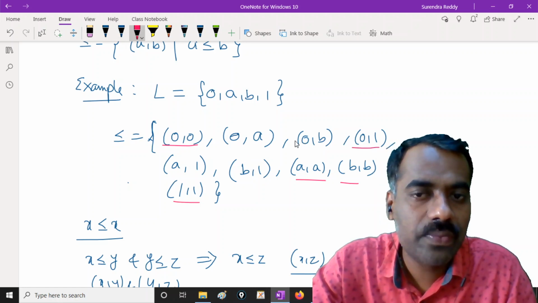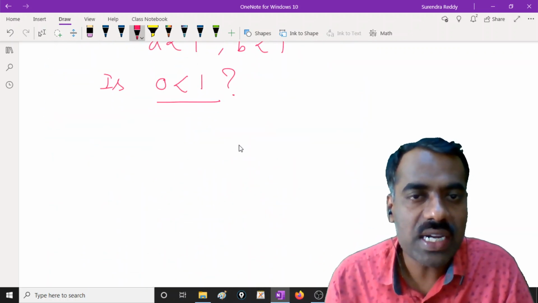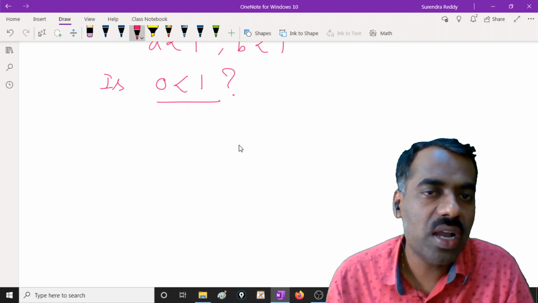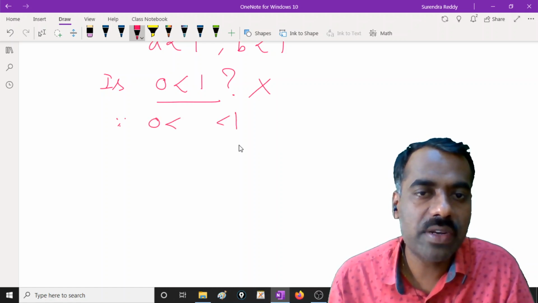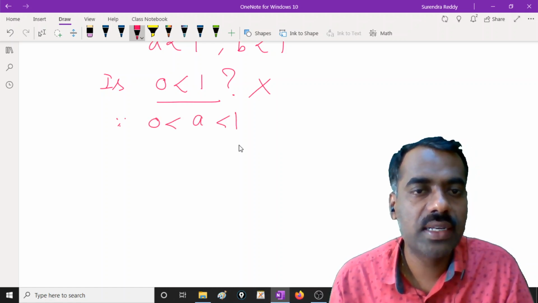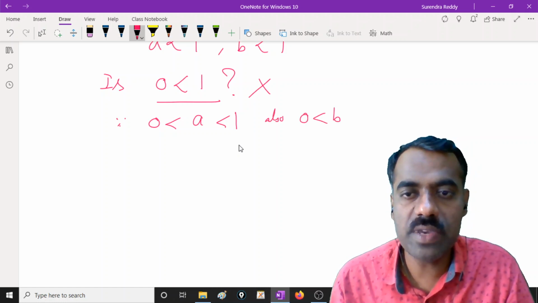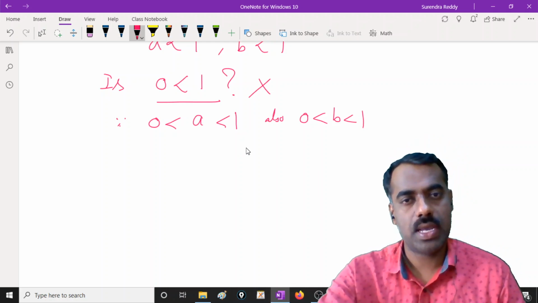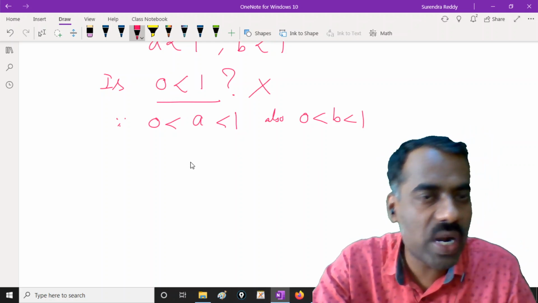Are you following? So because of that, 1 is not covering 0, since between 0 and 1 a is there, and also between 0 and 1 b is there. Is this clear? So therefore you don't have any line between 0 and 1.